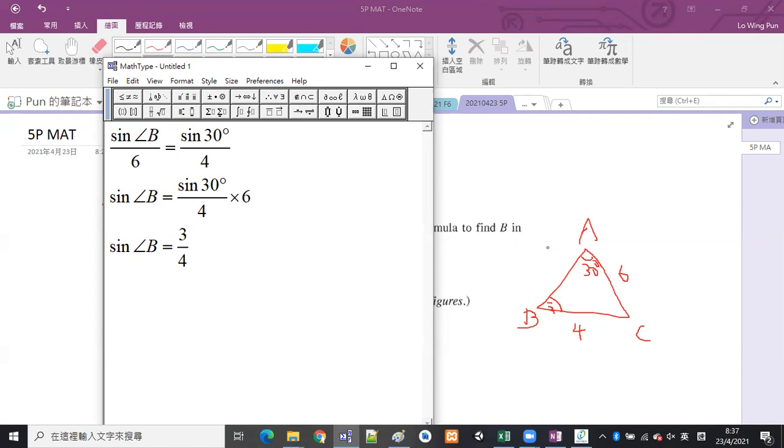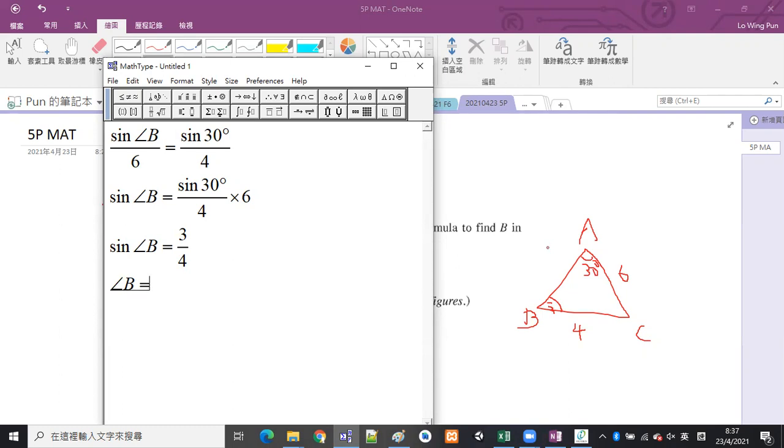Okay, it's correct. And remember, if we want to find the angle from a sine value, we press shift sin of the number, okay? So now I want to find angle B, so I need to use shift sin 3 over 4 on your calculator. This time I cannot use manual calculation, I need to use the calculator.